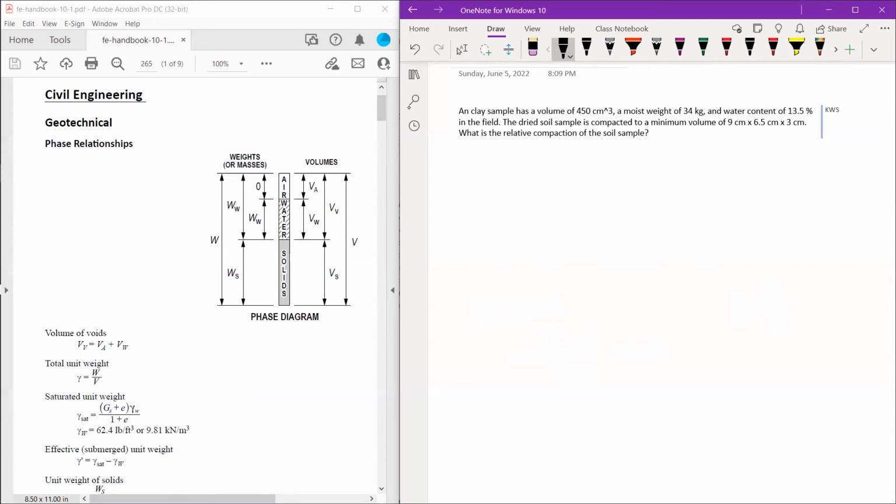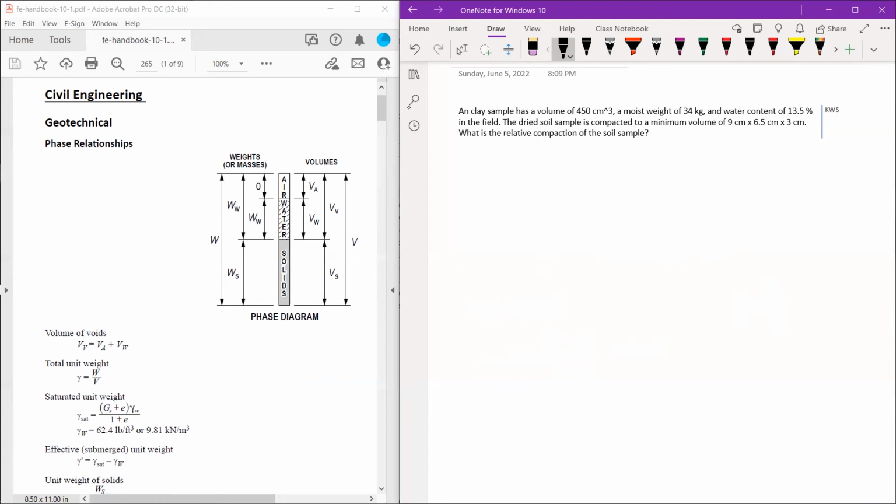The sample is collected and shipped to the lab, and is dried out, and then in the lab they do compaction to a minimum volume of 9 centimeters by 6.5 centimeters by 3 centimeters. So we get the minimum volume at dry conditions in the lab. And then it asks what is the relative compaction for the soil sample.